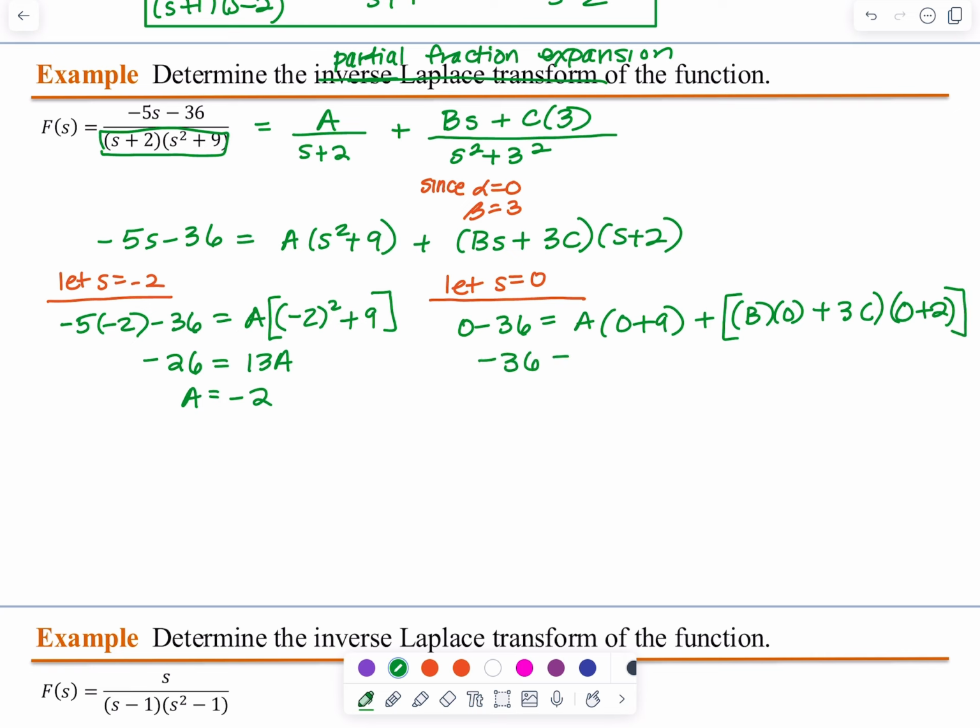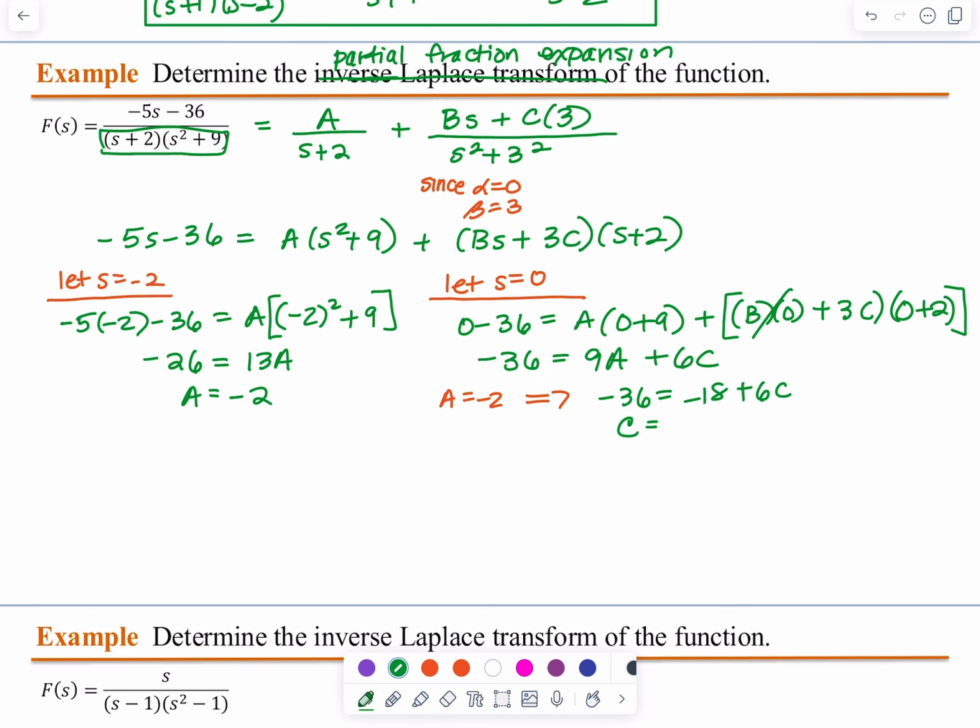That's very confusing. 3c times 2 would give us 6c. Since we have a equal to negative 2, we have that negative 36 is equal to negative 18 plus 6c, and I'll let you do that math. That would be c equal to negative 3. And I'm just going to put little circles around here.